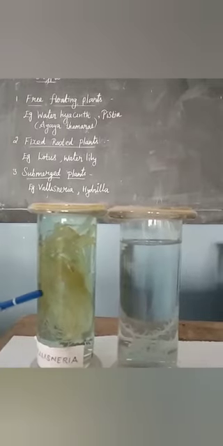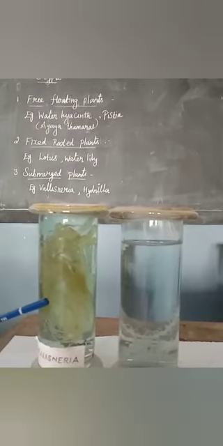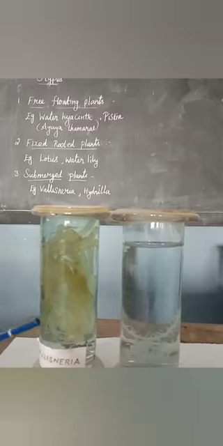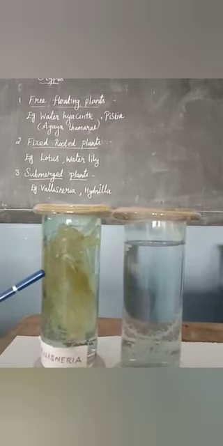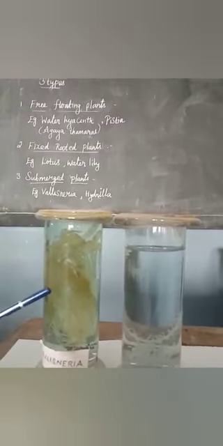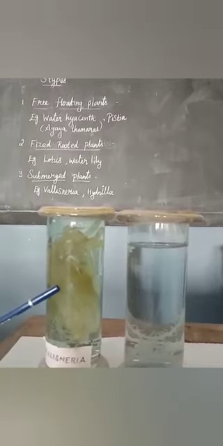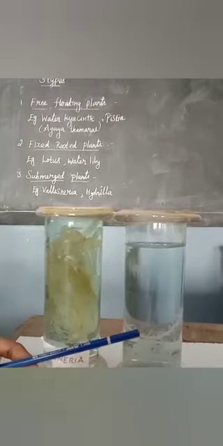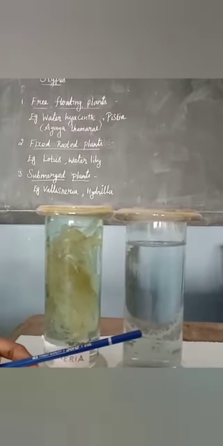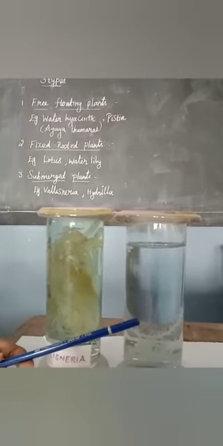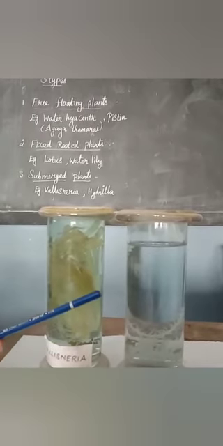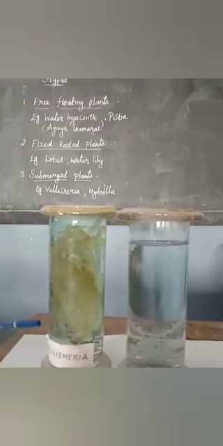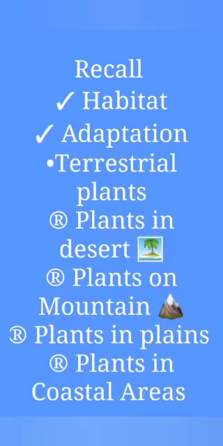These plants' stems are very thin and their leaves are very small. See students, see the structure of the leaf and stem. It is very thin and the leaves are very small, right? There is no stomatal opening on the leaf surface, and they breathe only through the stem. Example, Wallisneria and Hydrilla.